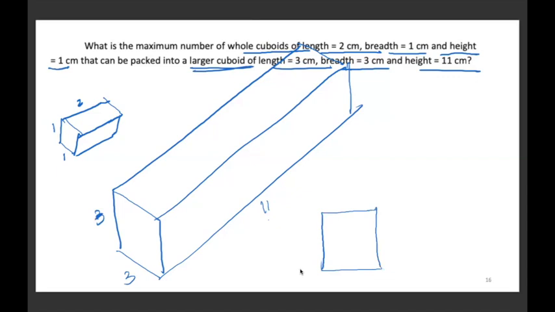So, how will it fit in a 3 by 3 cross-section, whose thickness is 1 centimeter or 1 unit? This is 1 unit. Why? Because this height is 1 unit. So, this will be accommodated like this. 2, 1.